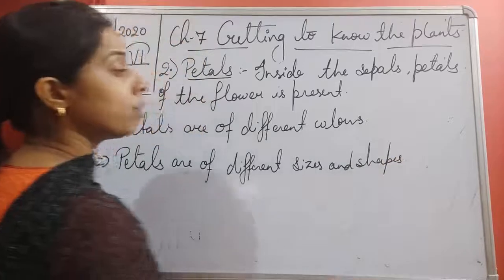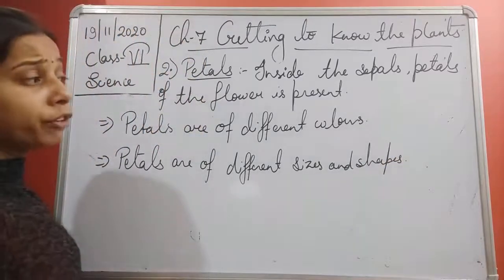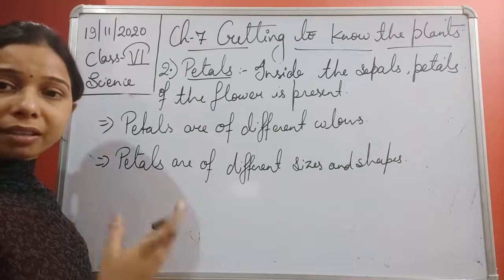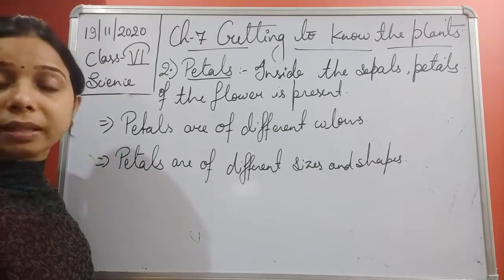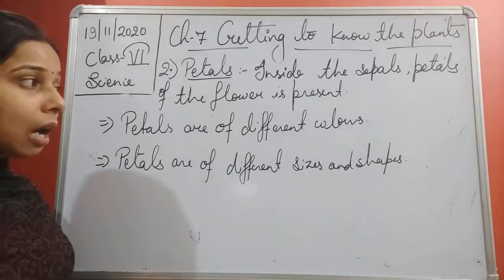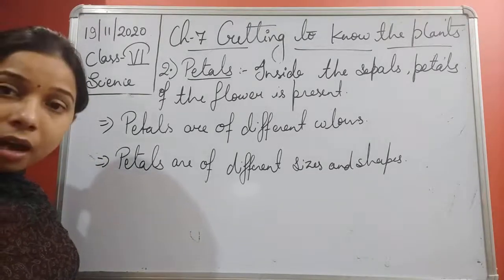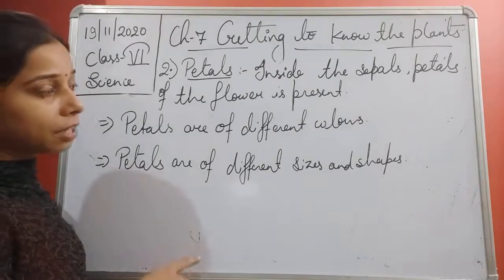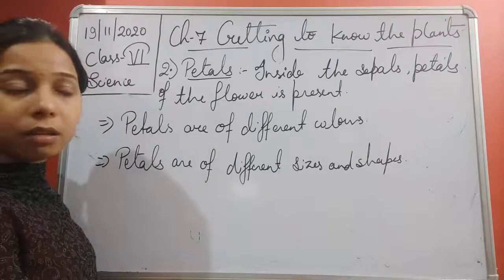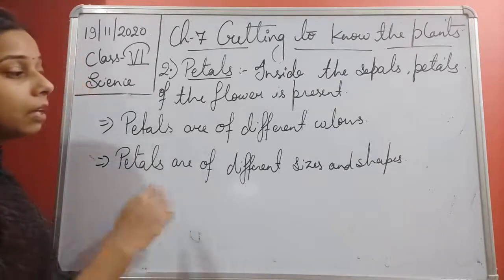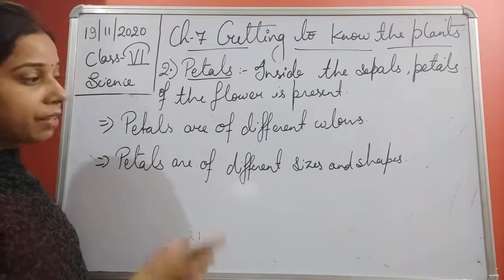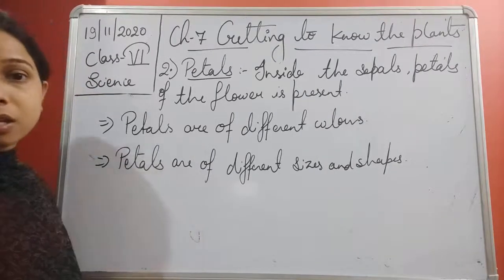If you compare the petals of a lotus with that of a jasmine, you will find that there is a lot of difference in the shape and the size as well as in the color. So the petals are the colored part of the flower, present inside the sepals, and when you compare petals with other flowers' petals, you will find that they differ from each other, having different color, size and shape.